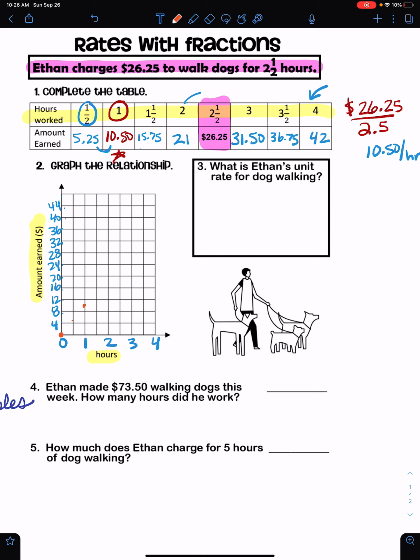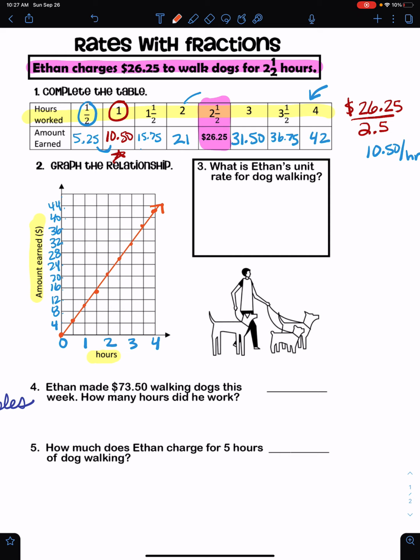And 1.5 hours, almost to 16. 2 hours is $21. 2.5 hours is $26.25. 3 hours is $31.50, so almost to 32. 3.5 hours is about right here. And 4 hours is $42. So let's connect that with a line. Hopefully a straight one. Pretty good, pretty good.